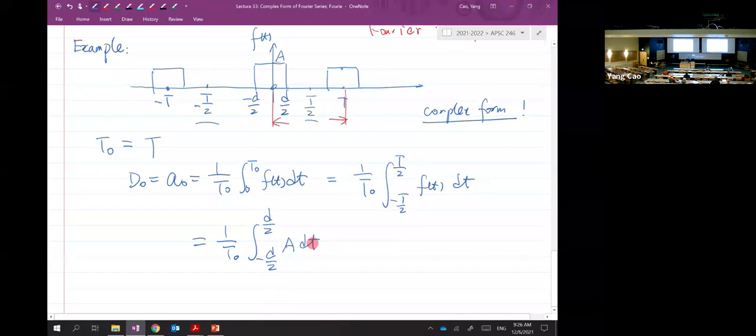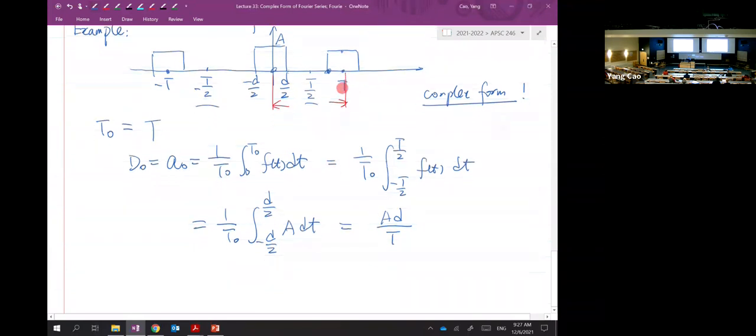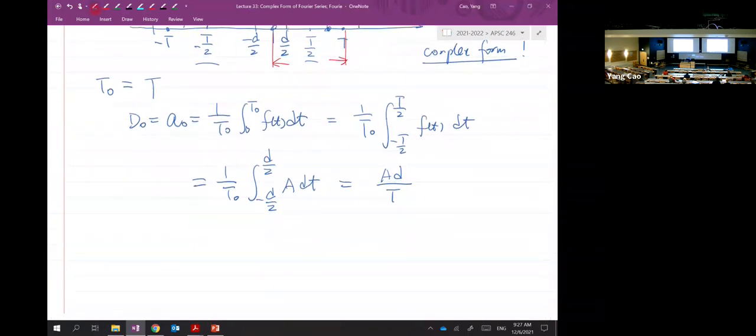That's how you get this integral, and you get A times d over capital T. Same thing if you integrate from 0 to T: you get the same result. So you get the D naught.